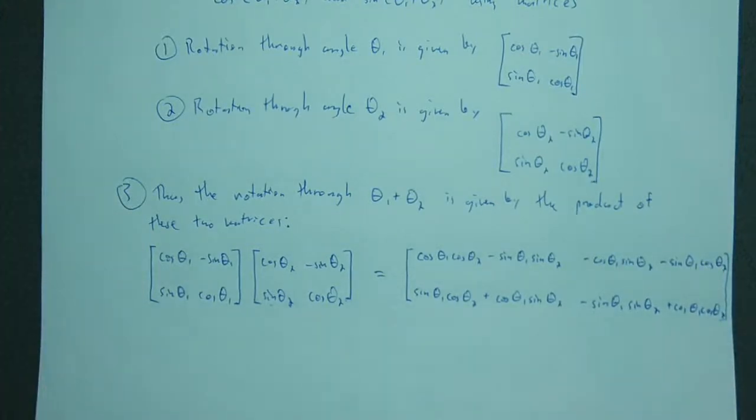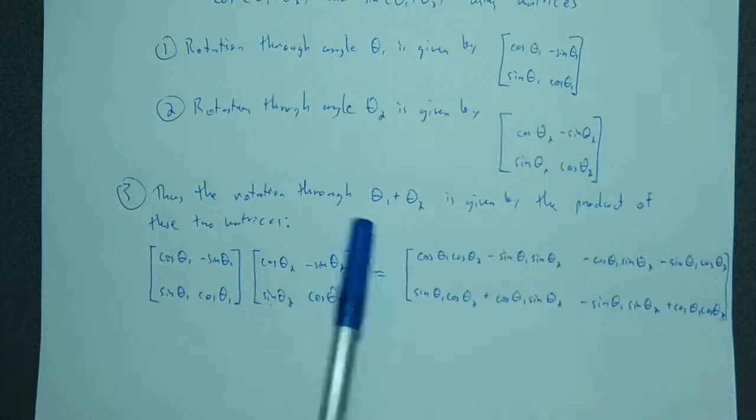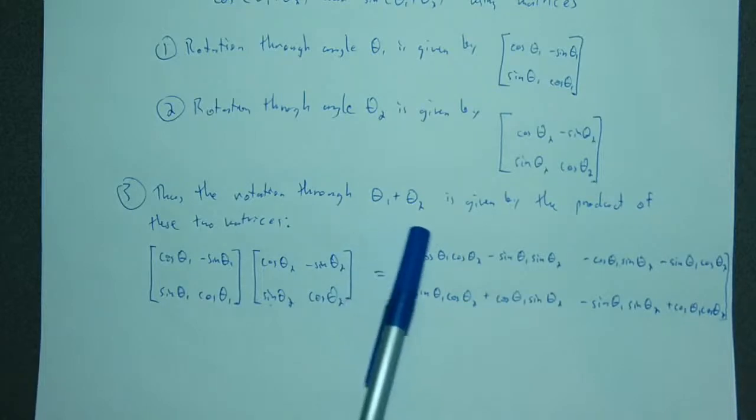All right, now you might look at this and say, wait, what am I doing here? But rotation through theta 1 plus theta 2 is given by the product of these two matrices, but what is it also given by?